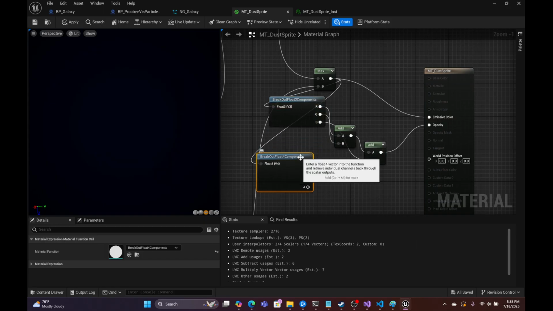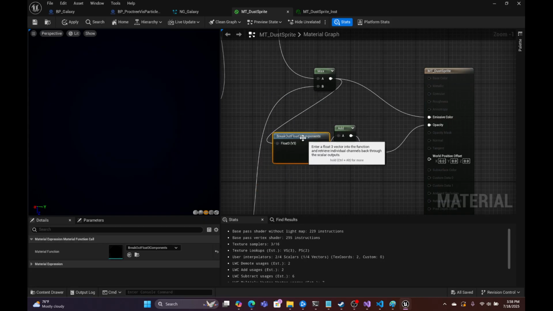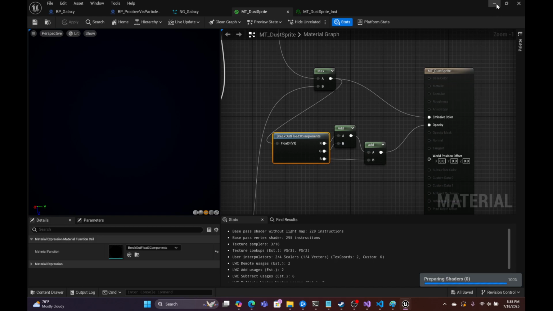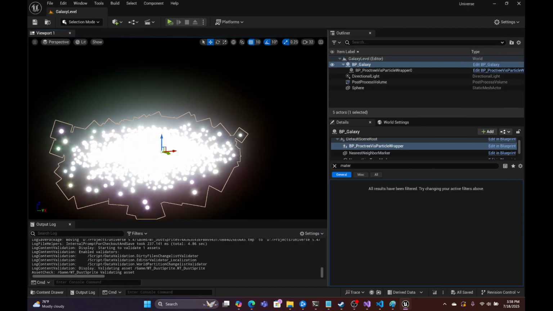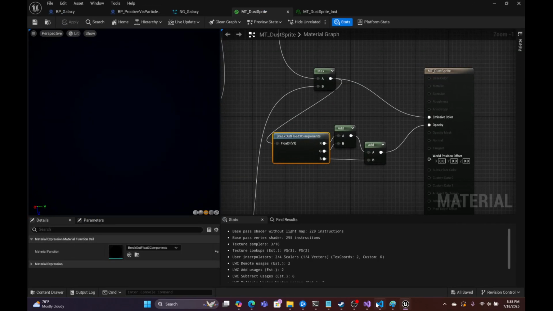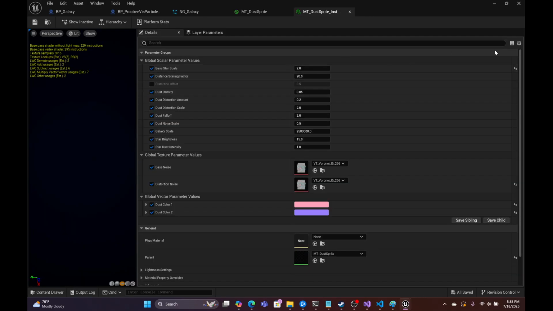Combine these to get their total intensity. Somehow this material got broken. I don't know how. Yeah, there it is. Okay, so now our alterations here.